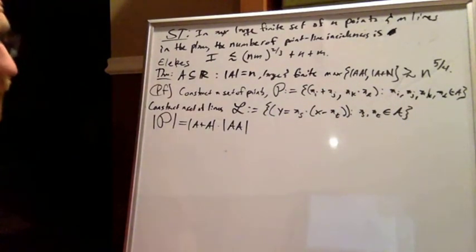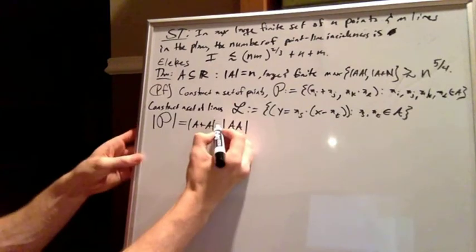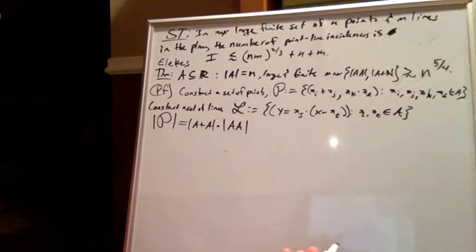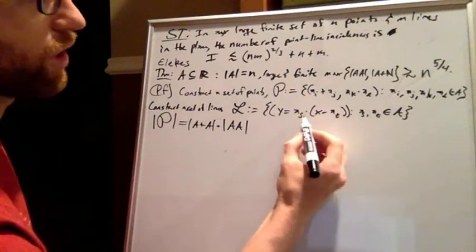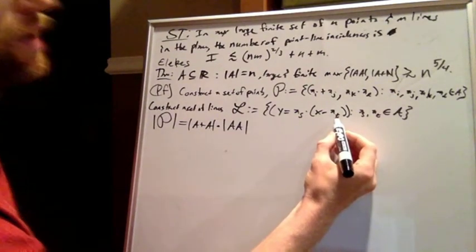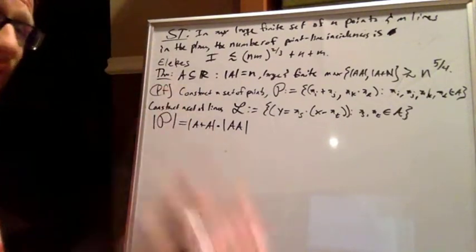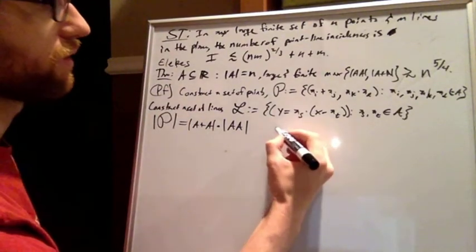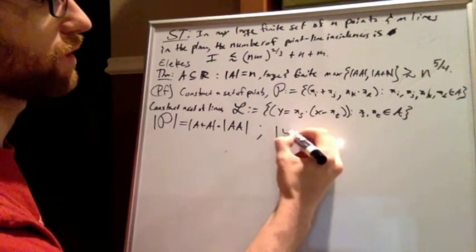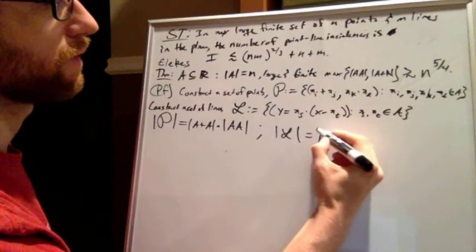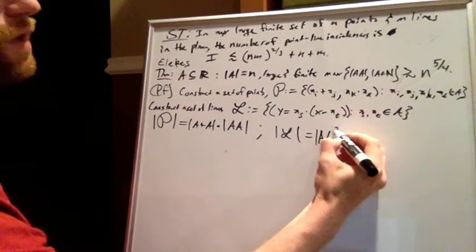So the size of the Cartesian product is the product of the sizes. Okay, fine. How many lines do we have? Well, for each choice of a_s and each choice of a_t, we have a line. So the size of L is going to be exactly the size of A quantity squared, because I choose an a_s and then I choose an a_t.